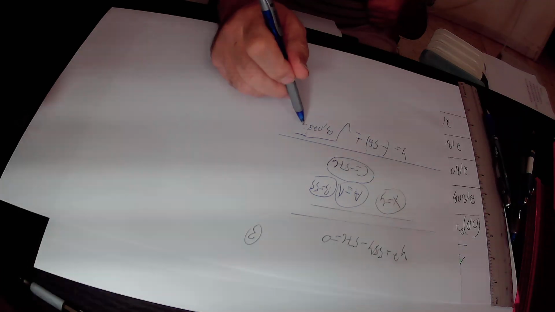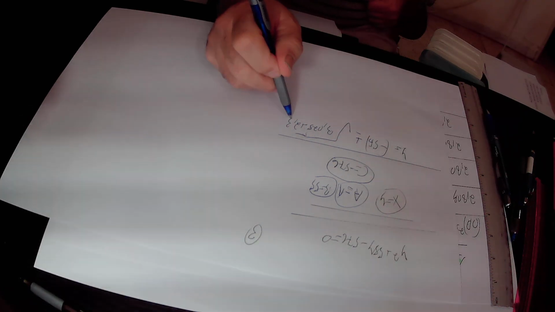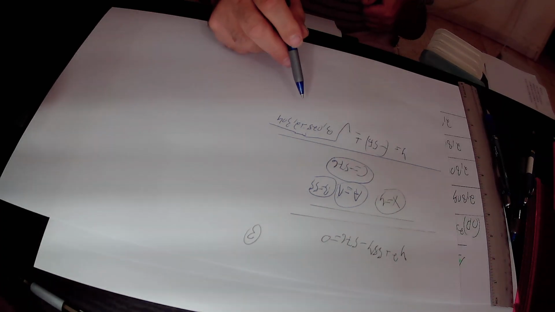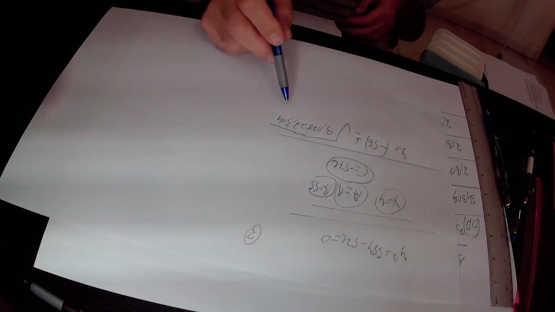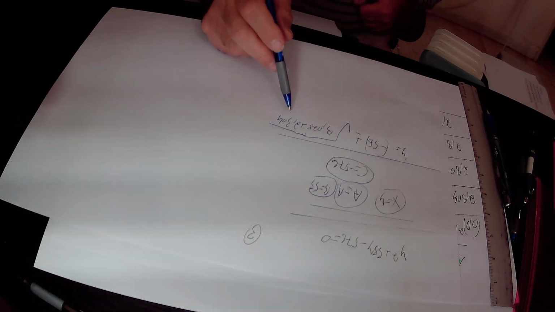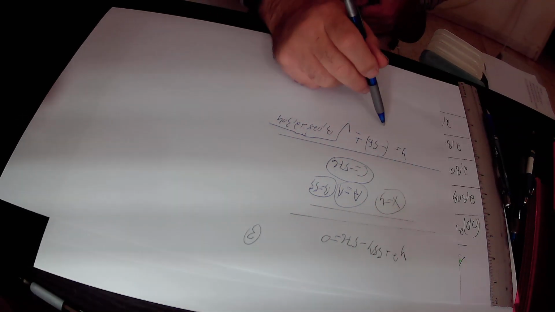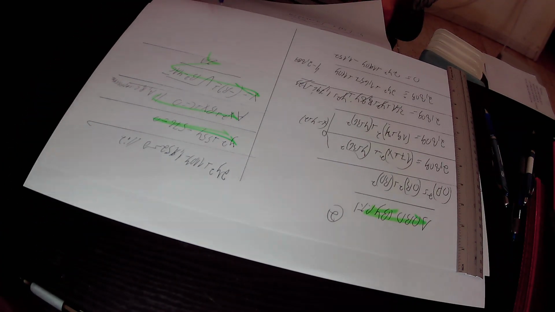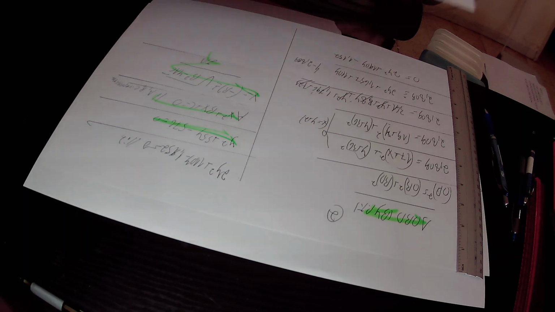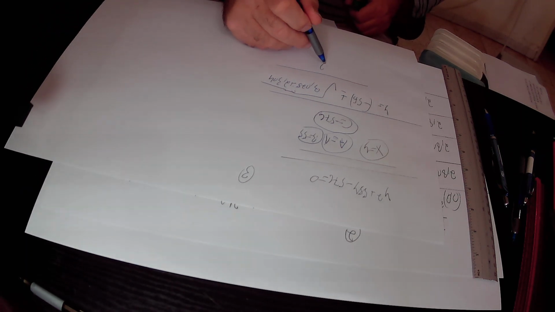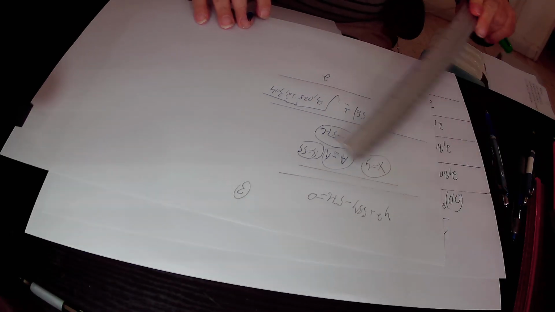So inside the root we have 3025 plus 2304, divided by 2a. A is 1, therefore 2a is 2 times 1, that is 2.